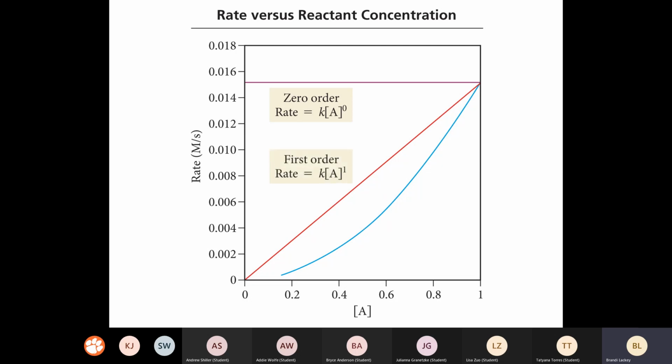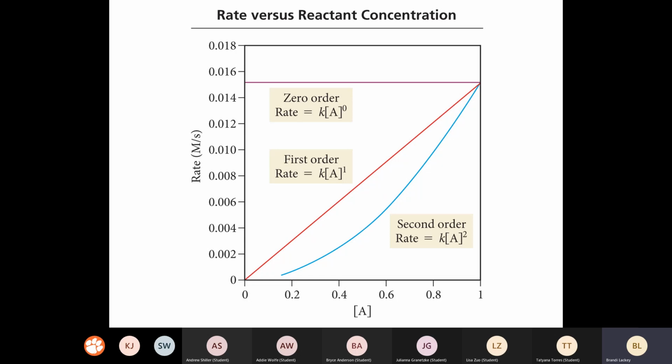The red line is showing a reaction that is first order. As the concentration increases, the rate is increasing at a constant rate, so they're directly related. And then the blue line is an example of what a second order reaction would look like.